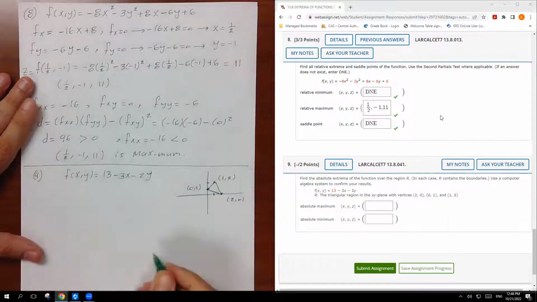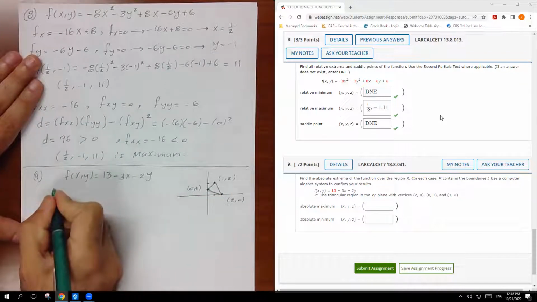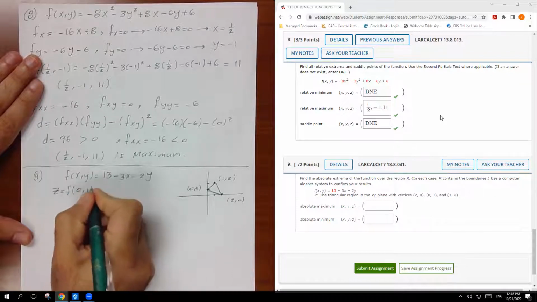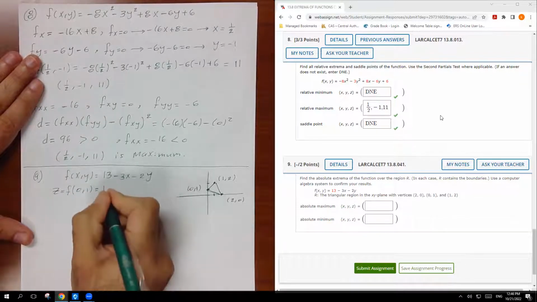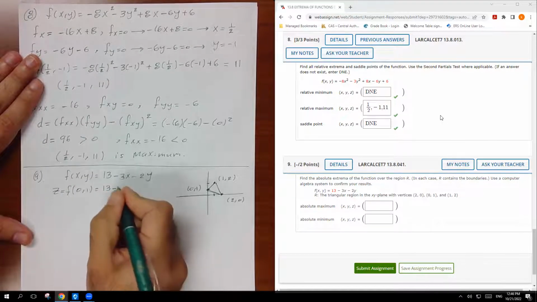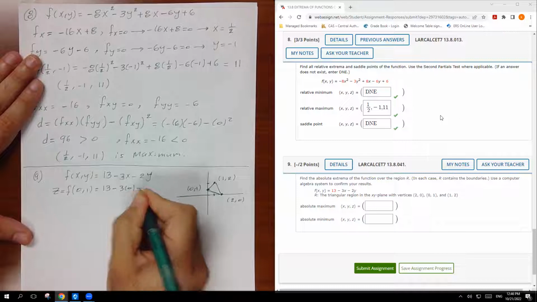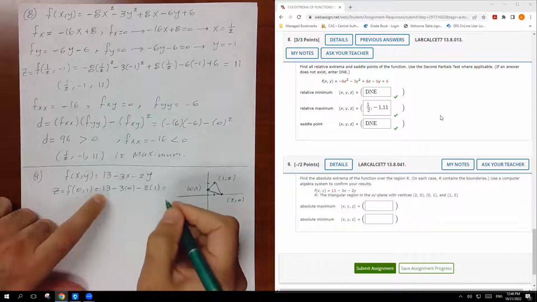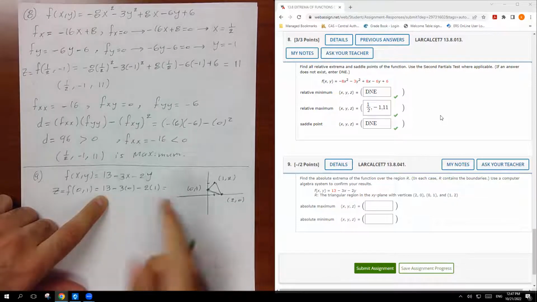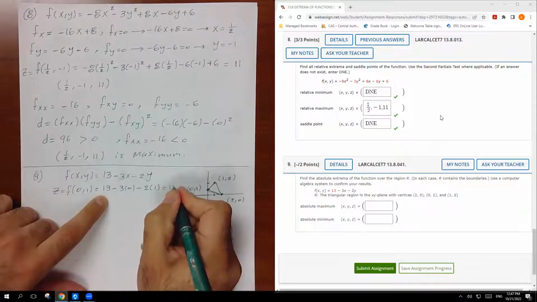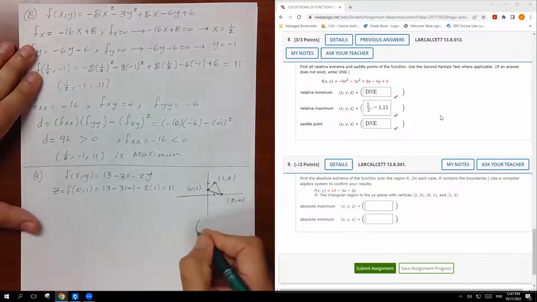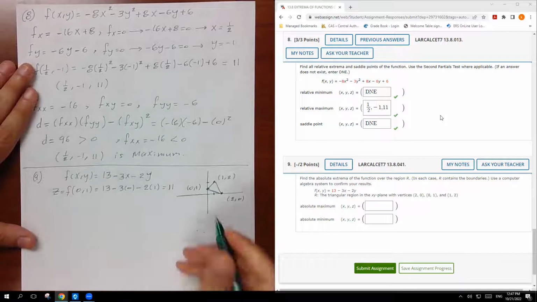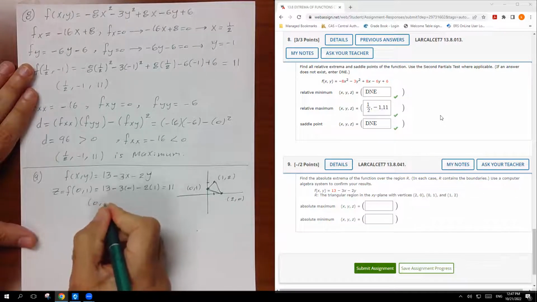Our z coordinate for each one. That means z equals f of the point (0, 1). I choose this one as the first point. It's going to be 13 minus 3 times 0 minus 2 times 1, which is 13 minus 2, so 11. That means our first point is going to be (0, 1, 11).